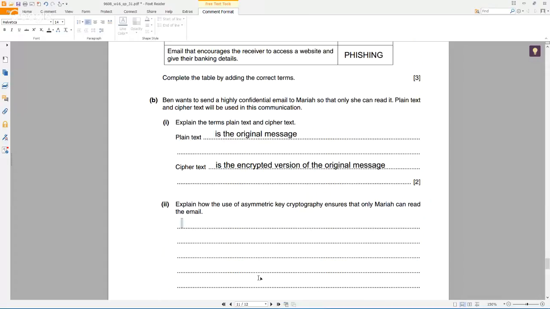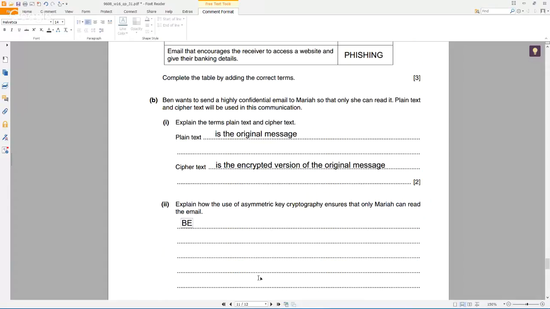In order to send a message to someone, you need to use the public key of the person who is receiving the message. So this means that Ben needs to encrypt the email using Maria's public key, right? The reason is that the only person who can decrypt the message is the one that has the private key, and only Maria knows the private key associated with her public key. So this guarantees the confidentiality.